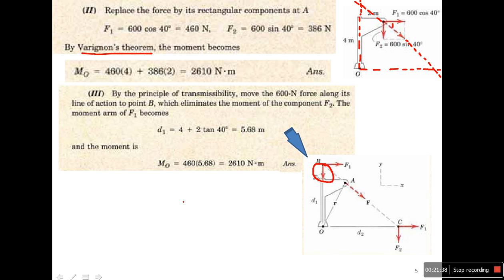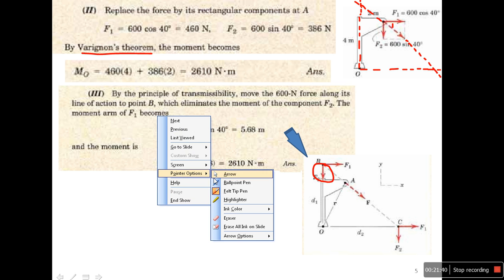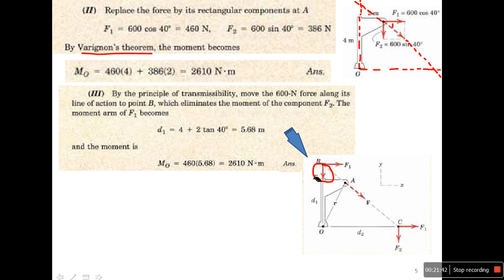Now F1 has a moment about O, and the distance OD is the moment arm. If I multiply OD by F1, I will get the moment.